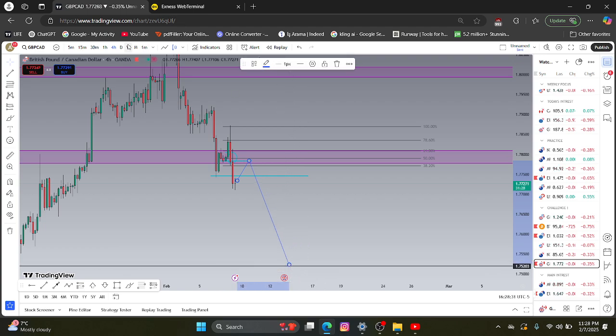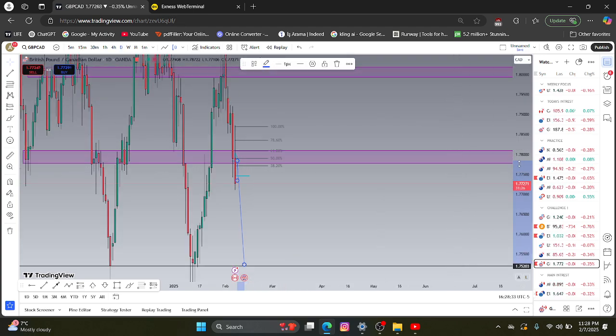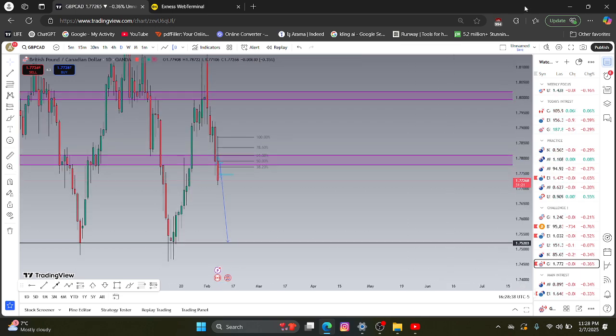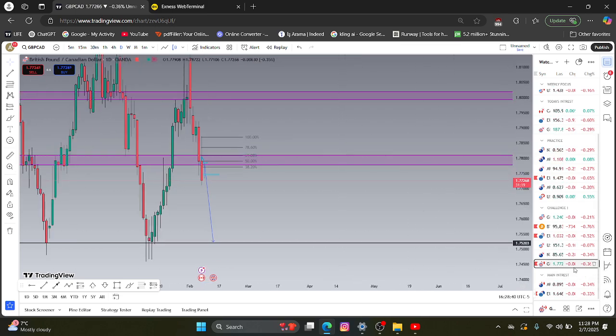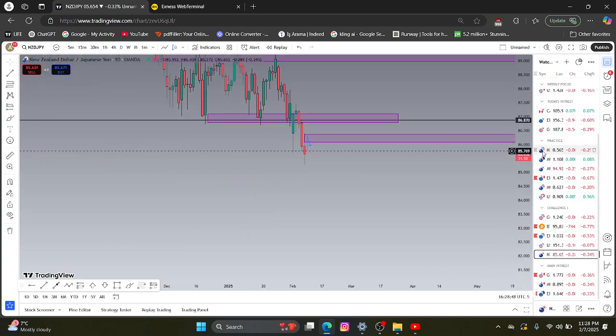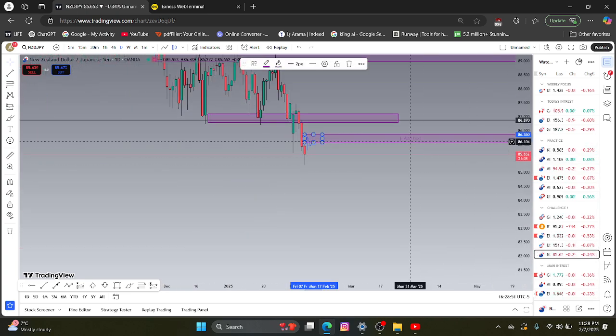So this is another pair of interest. There is this New Zealand dollar. What's going on here?